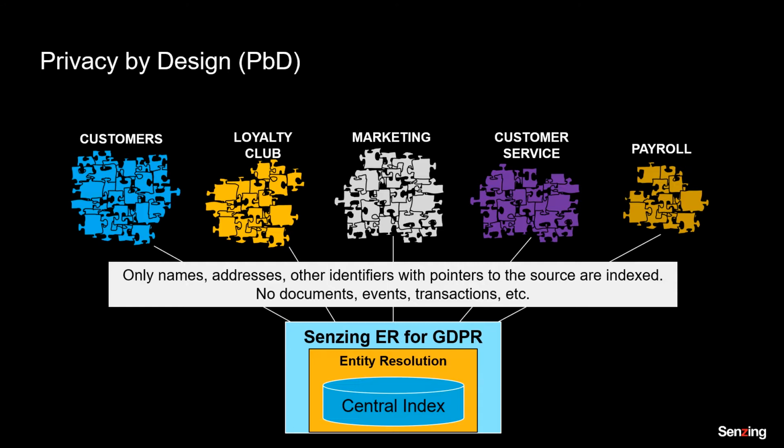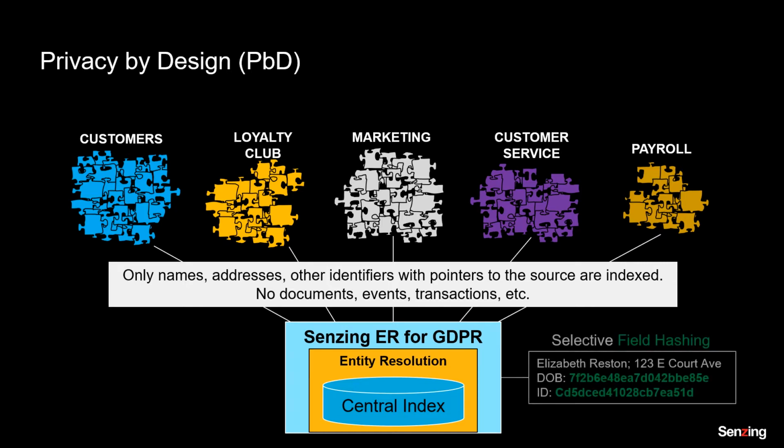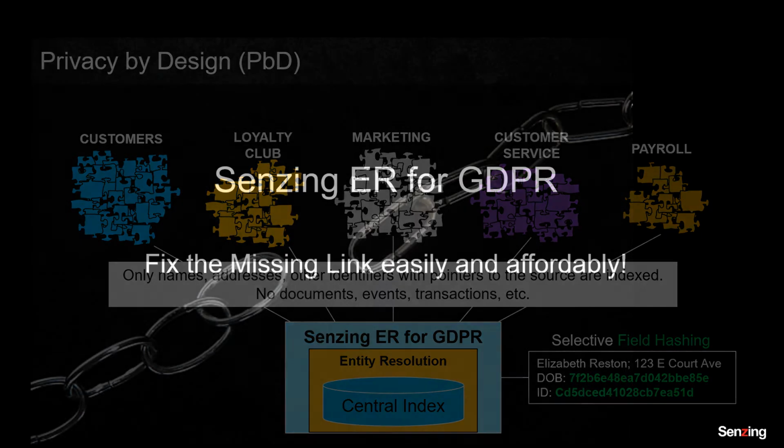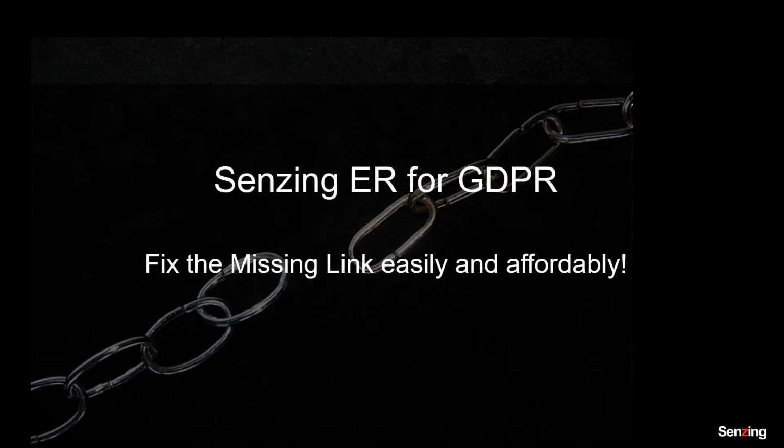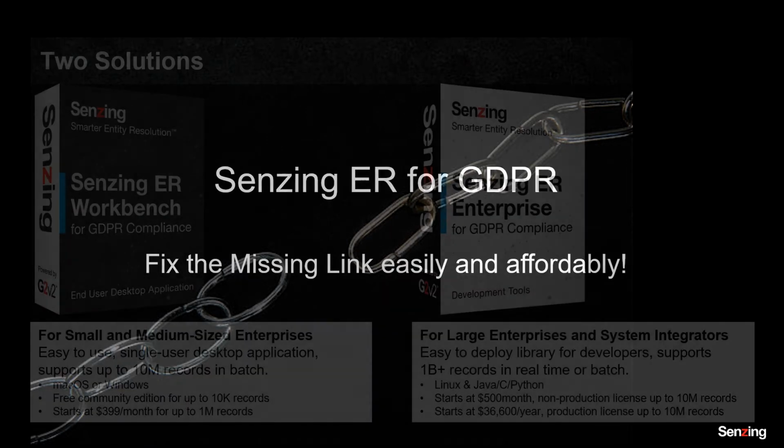In this example, we are showing a configuration where name and address are in a clear text human readable format. All other identifiers, including email, phone number, date of birth, passport, etc., are stored as hashed values. Senzing's entity resolution provides you with the missing link for GDPR compliance, promptly, affordably, and with ease.